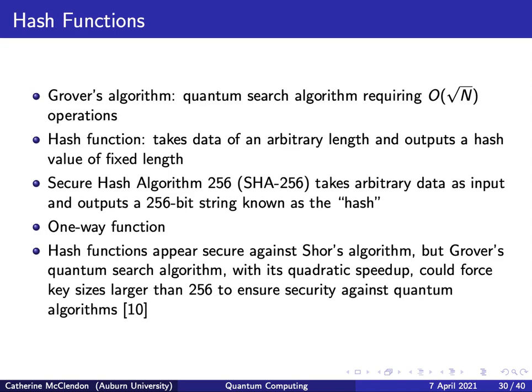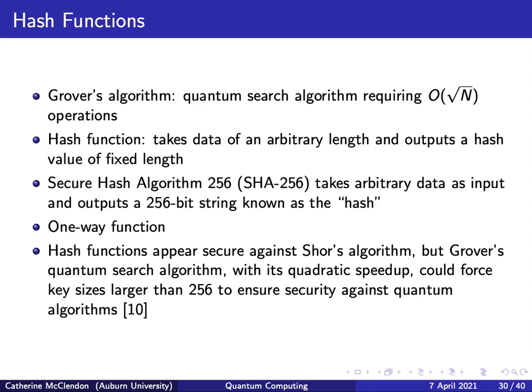Hash functions appear secure against Shor's algorithm. So it's even secure against the quantum algorithm, but Grover's quantum search algorithm, with its quadratic speedup, could force key sizes larger than 256 to ensure security against quantum algorithms.